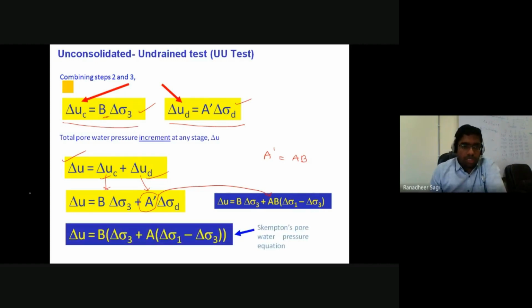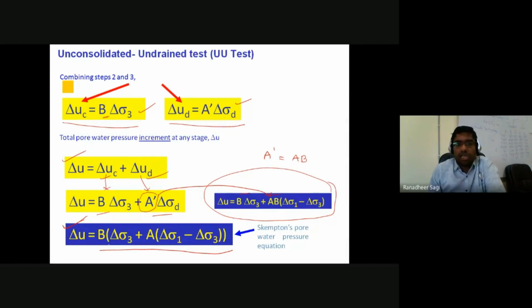So this total increment in pore water pressure we can write as B into, because in the first and second terms you have the B term common, as we see from this particular expression. So if that B term is taken common, then what I'll have inside the bracket is delta sigma 3 plus A into (delta sigma 1 minus delta sigma 3).